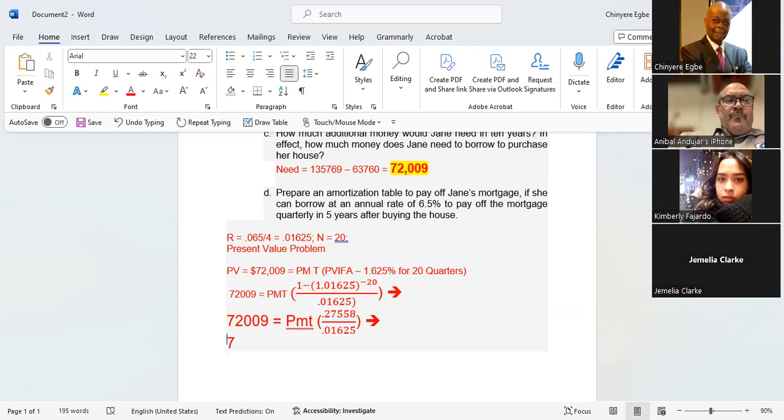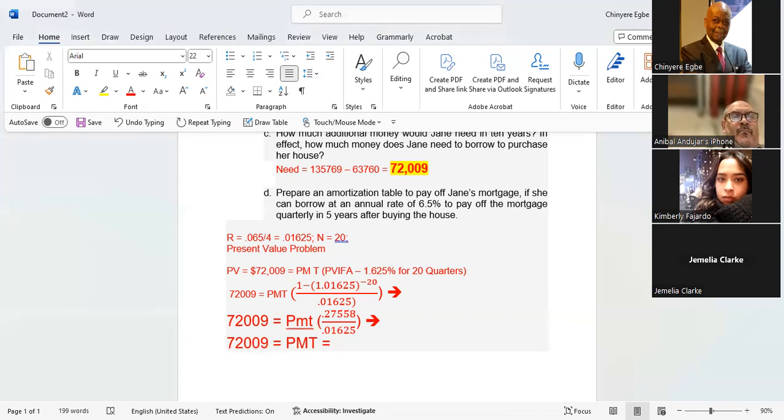And so that implies that 72,009 is equal to the periodic payment times 0.27558 divided by 0.01625.